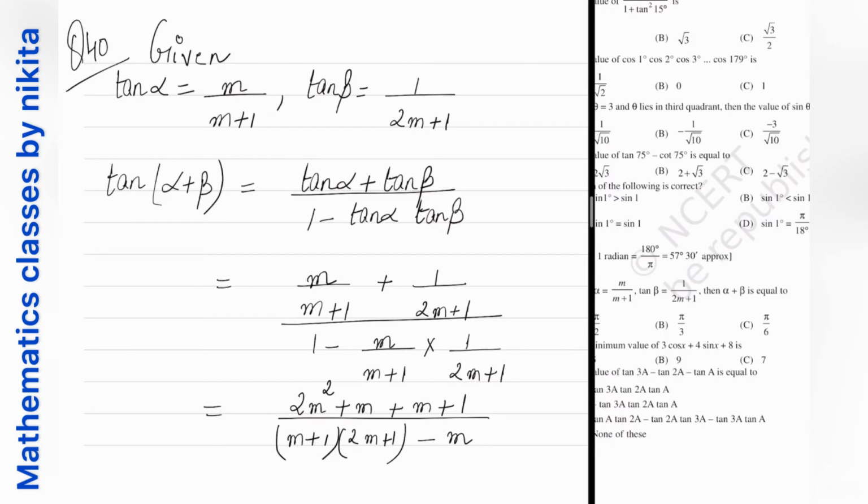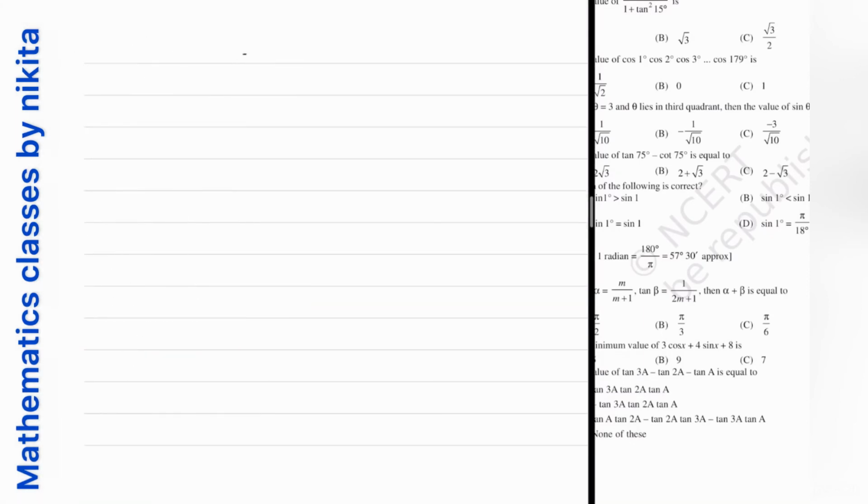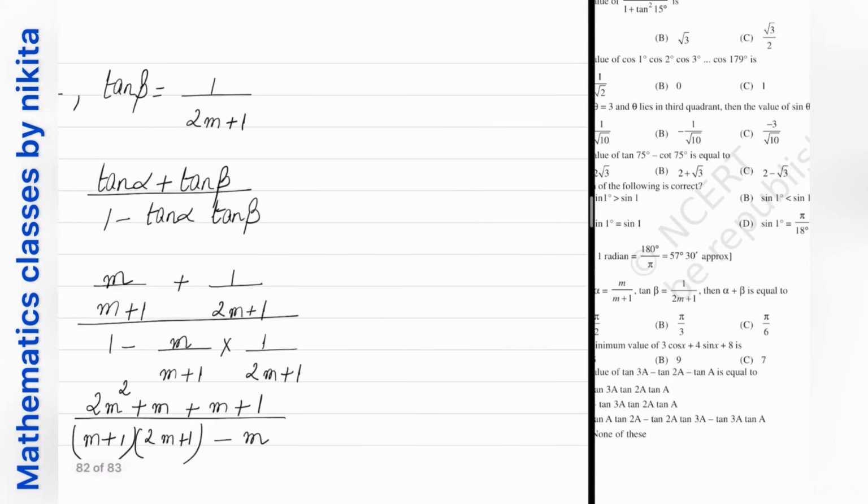And you can see that m plus 1 into 2m plus 1 will cancel out from the numerator as well as from the denominator. Now this will give you what? So this will give you 2m square plus 2m plus 1 in the numerator. So 2m square plus 2m plus 1 divided by, now you just simplify the denominator.